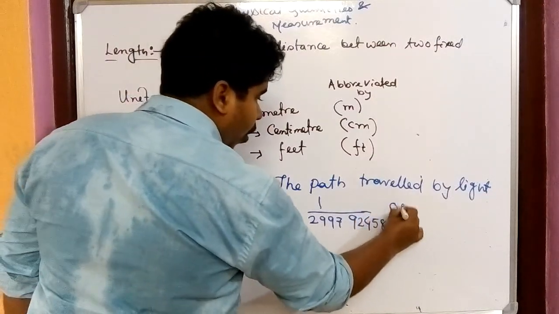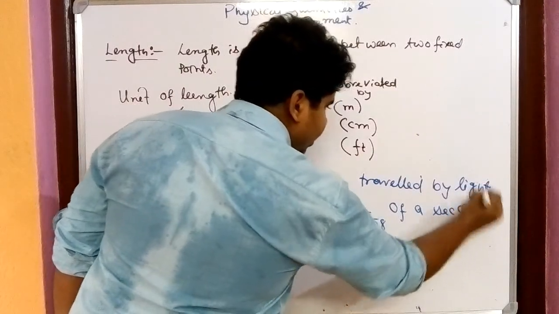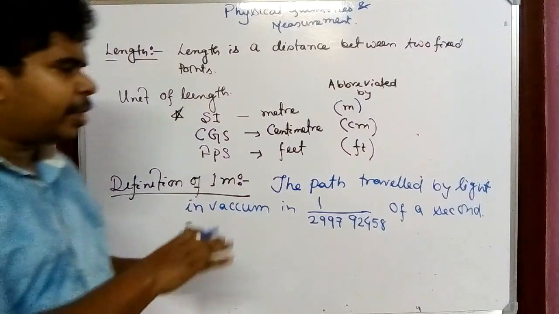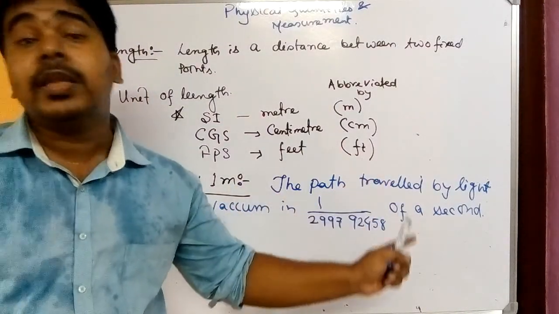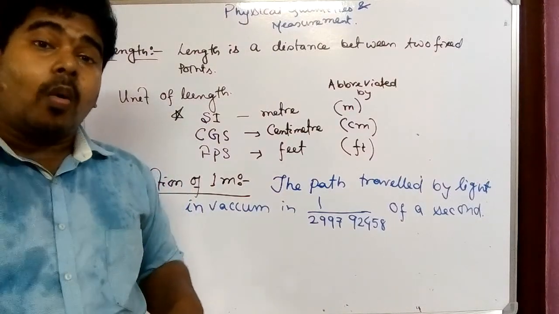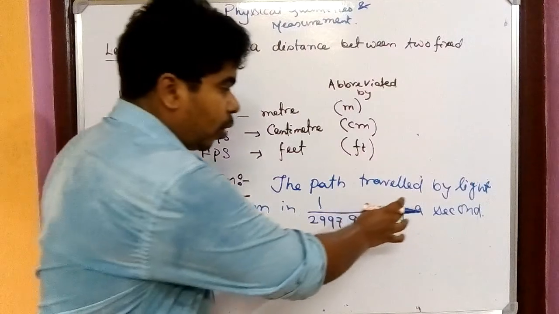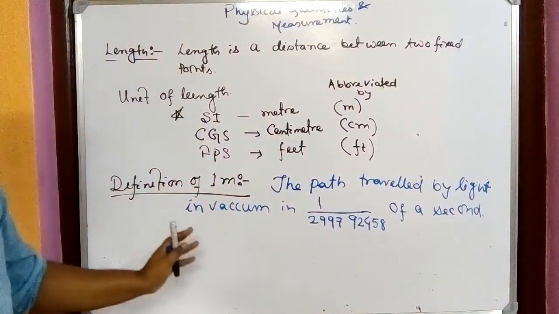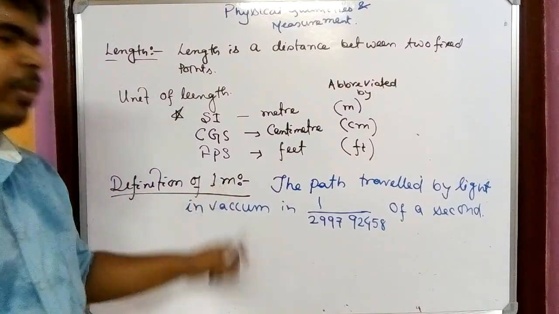It is the path traveled by light in vacuum in this small fraction of 1 second. How much distance light travels in vacuum in that fraction of a second is known as 1 meter.